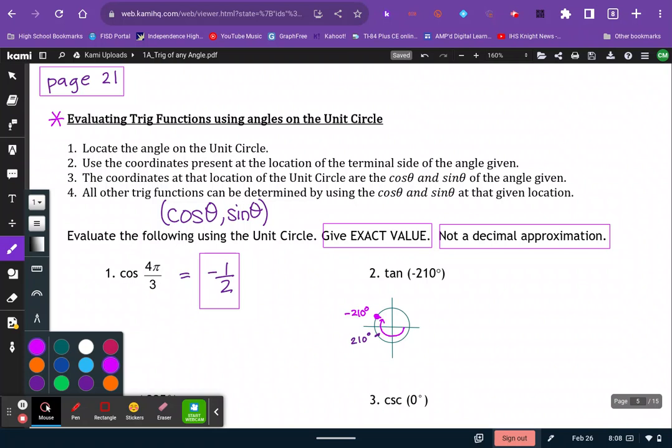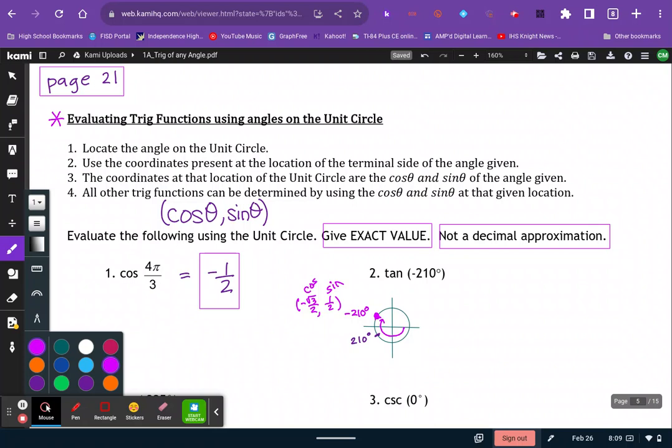So -210 and positive 150 are coterminal angles. I'm going to use the coordinates located at that exact spot. And there we have -√3 over 2 for the x coordinate, positive 1/2 for the y coordinate. So this is the cosine and this is the sine at that point. And that's what I'm looking for.